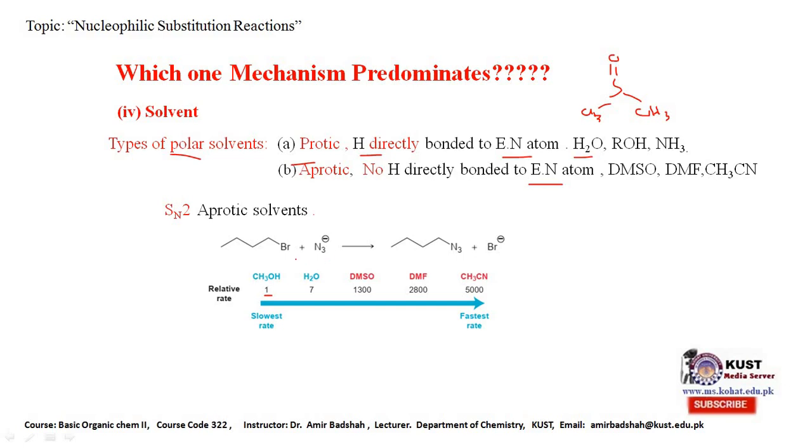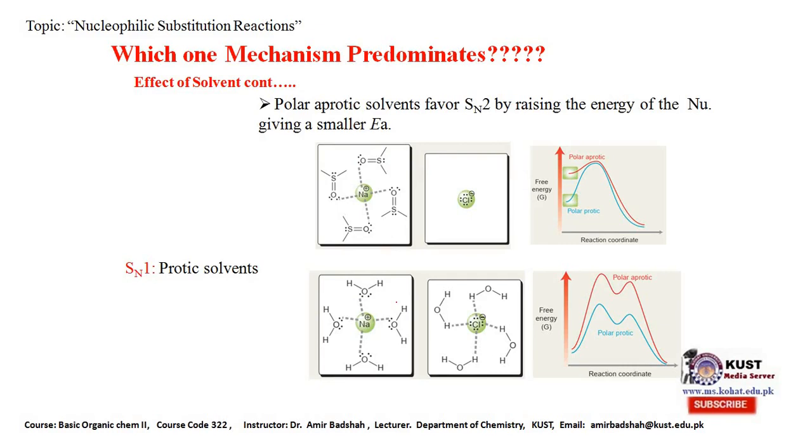Since this reaction takes place by SN2, if the nature of the solvent changes from protic to aprotic, the rate of the reaction increases. Now why is it so? The reason is that the polar aprotic solvent raises the energy of the nucleophile.